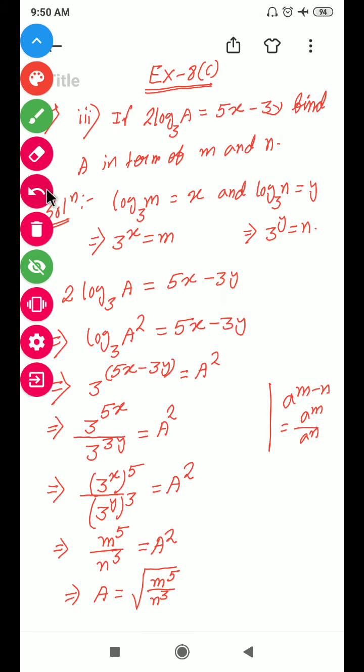Now go to our next problem, question number 7. Question number 7 is given here: log of a plus b is equal to log a plus log b.